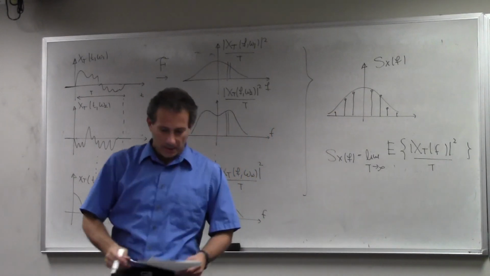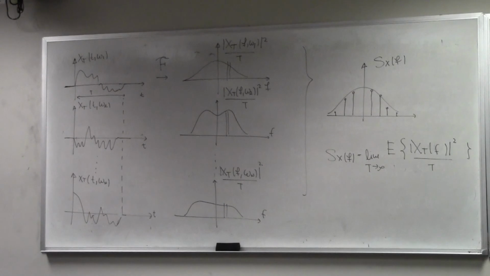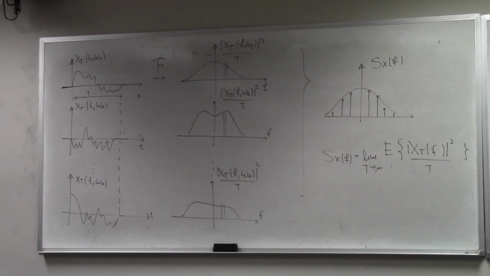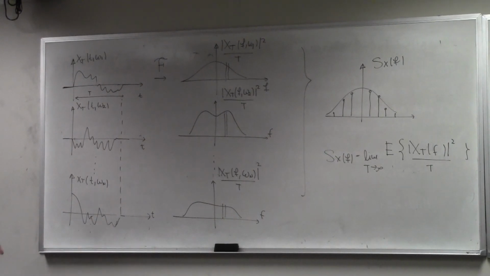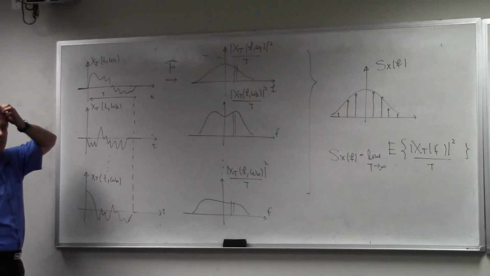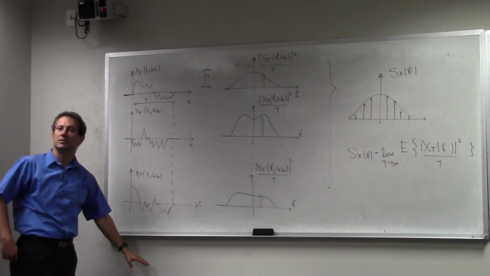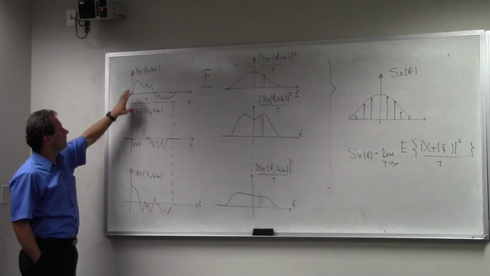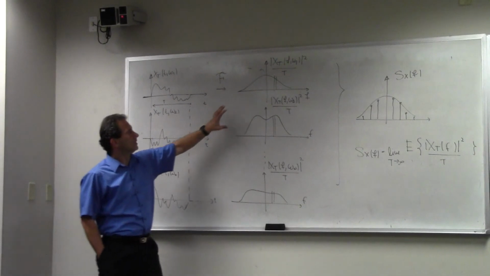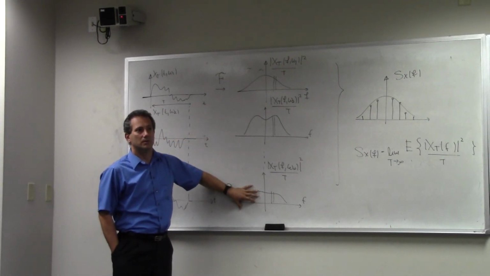All right, so let me first try to explain this physically, and again, by going through this. So I have a random process. Let's say this is my speech signal. I have identified, because I have to work with finite, but in a mind experiment, there can be infinitely many possible realizations. And for every one of the realizations that I have in the time domain, I have obtained a Fourier transform of it.